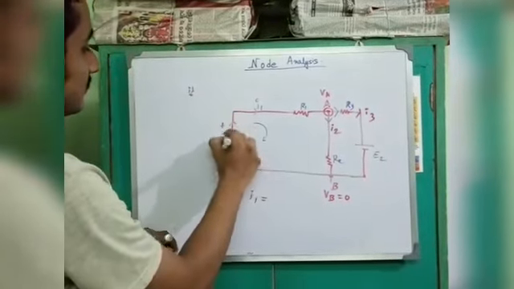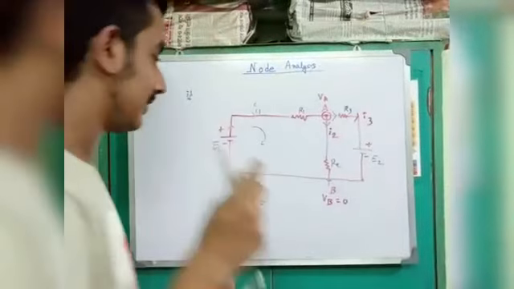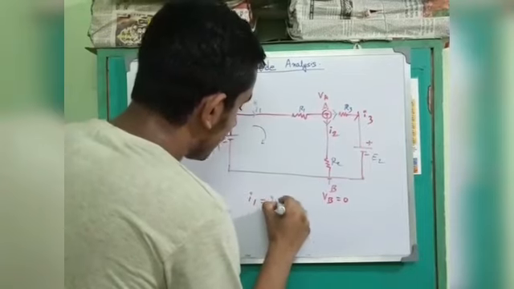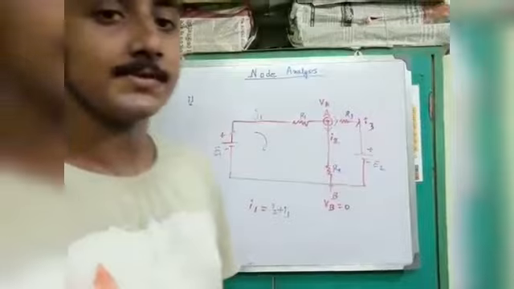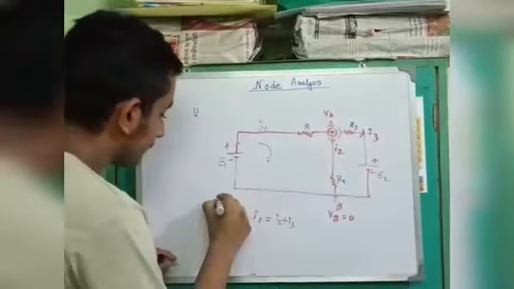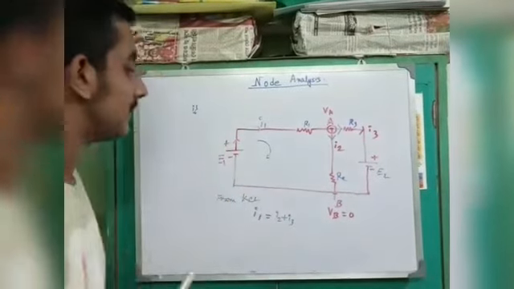This is positive, negative, positive, negative. Okay, very good. So I1 equals I2 plus I3 from Kirchhoff's current law, KCL.